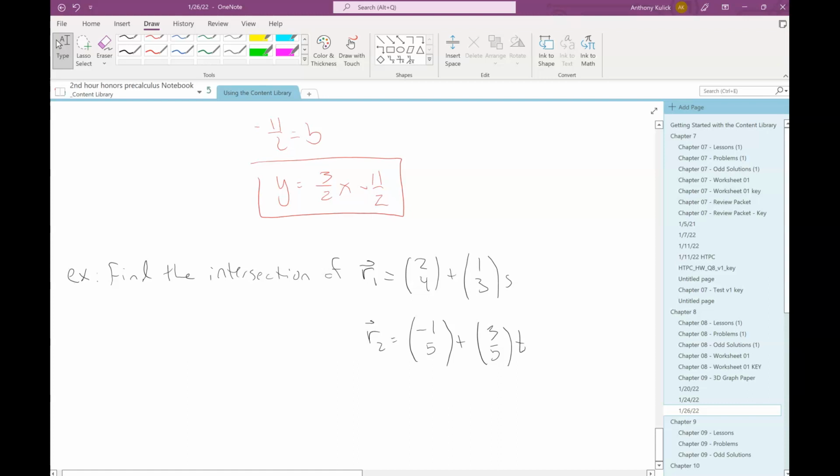Now, as an aside, you could definitely take each of these two vector line equations, convert them to slope-intercept equations, and find the intersection like what you would have done in your Algebra 2 class. It's fine to do that.